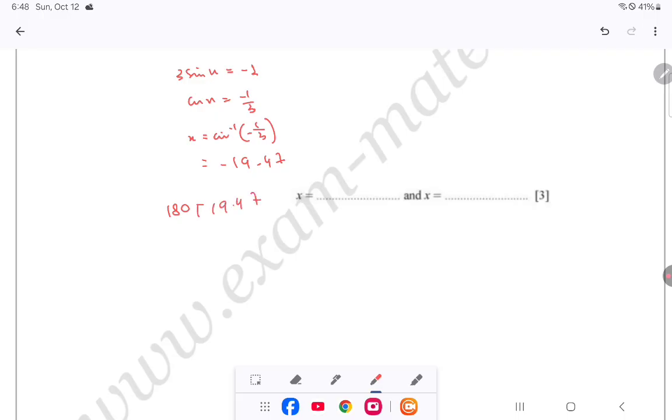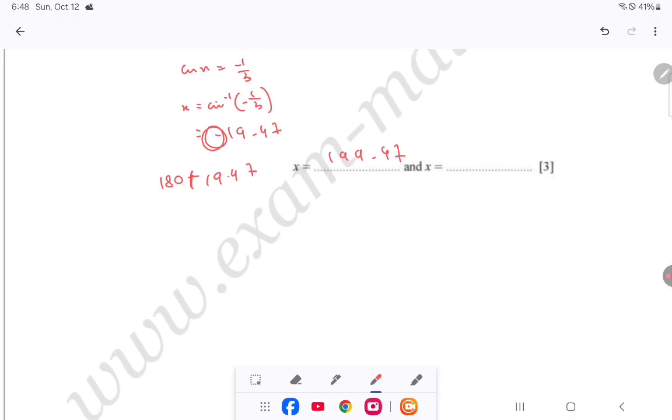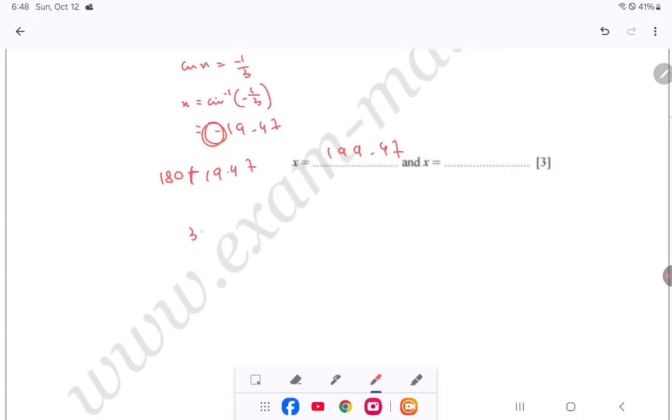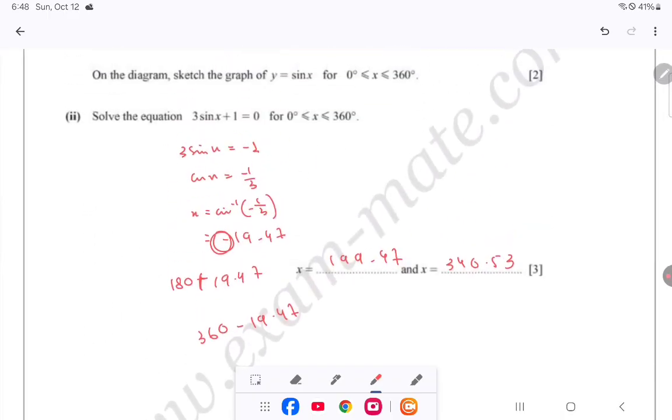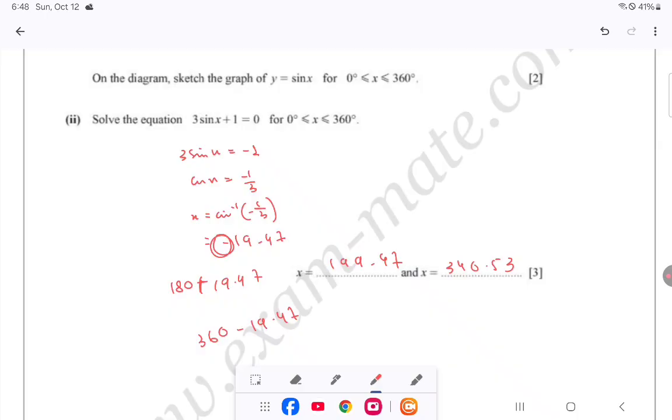Since we are calculating the second angle, we will ignore the negative sign and it will give you the value of 199.47 for the first. For the second x, we have to subtract this value 19.47 from 360, and it will give you 340.53. These are the two x values from the equation 3 sin x plus 1 equals 0.